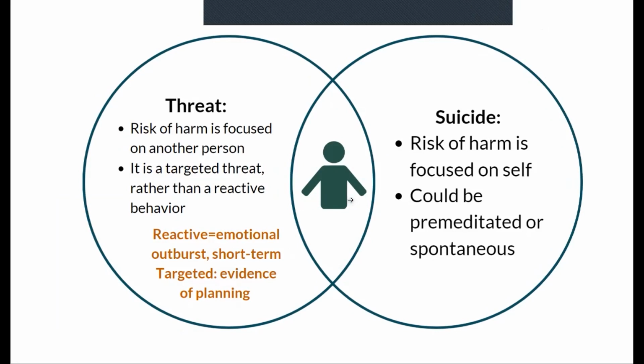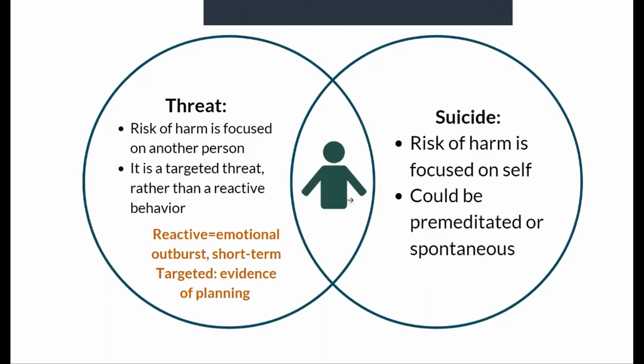Okay, threat and suicide. This has been confusing sometimes, so I like to talk about it in this training because sometimes the two can get confused. So suicide, the risk of harm is focused on self, and it can be premeditated or spontaneous.